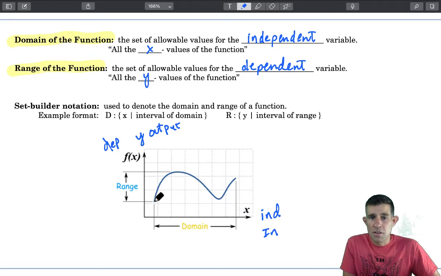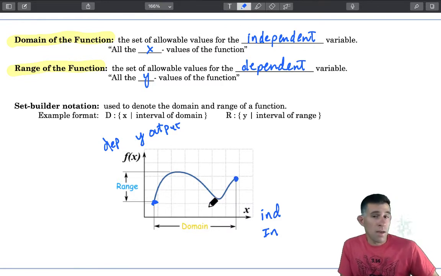And you can see here's our little graph. It's got a nice little squiggly curve to it. It's not a straight line, but it is this nice curve, and the domain can be found as the interval along the x-axis of all those x values for that function.